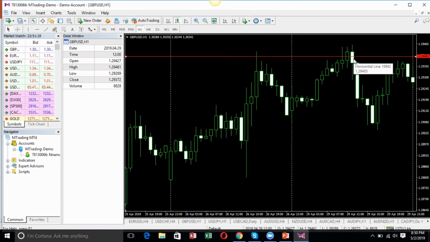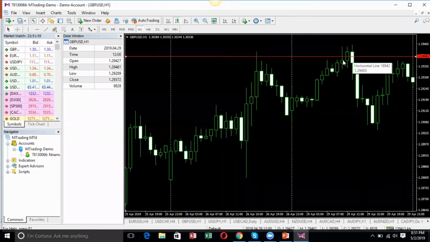Are we following? This is an inverted hammer, but it is useless here because its function should be at a downtrend and not an uptrend. So this inverted hammer is useless here. We are making use of this hanging man.